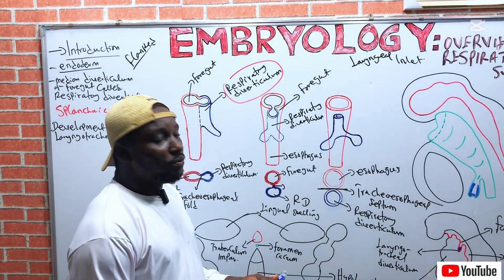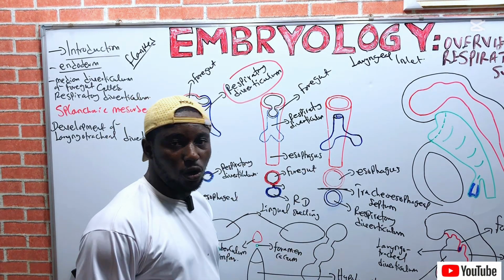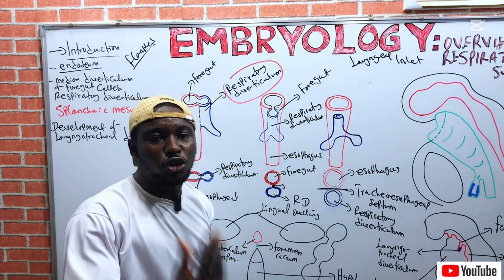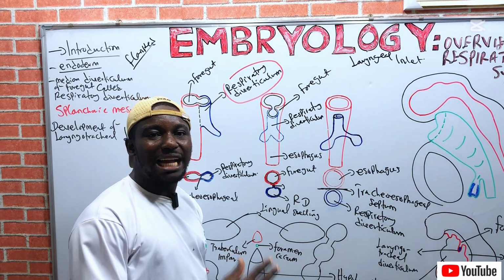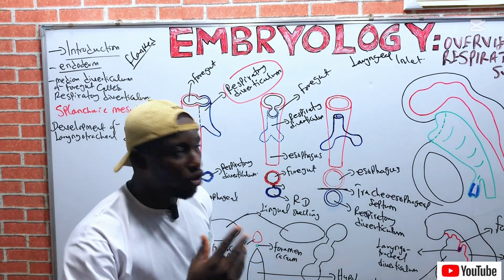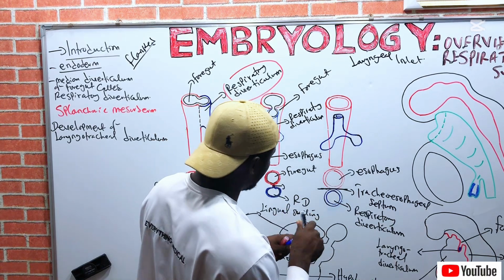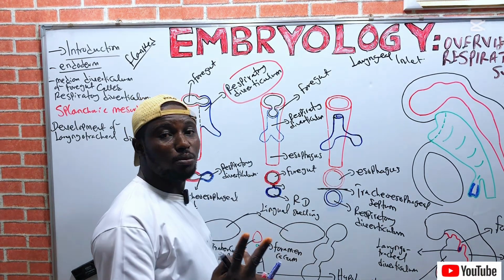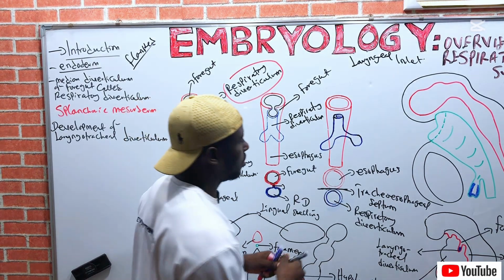Now, the respiratory diverticulum will grow downward to the thoracic cavity. Once it grows downward to the thoracic cavity, it becomes bifid to form two right and left bronchi and lung buds. Because it grows downward towards the thoracic cavity, it forms two right and left bronchi and lung buds.